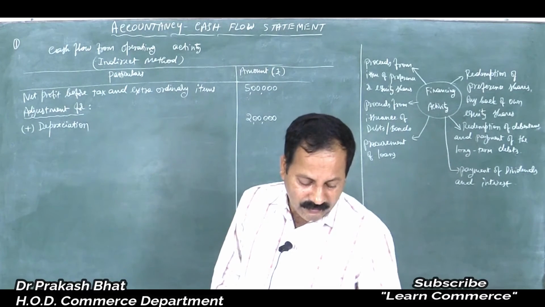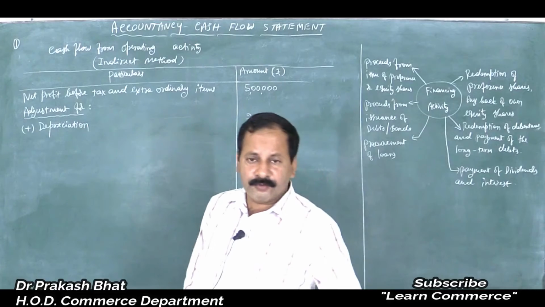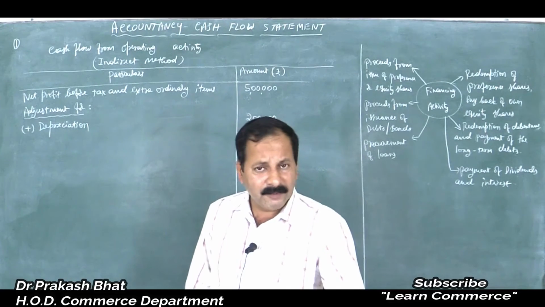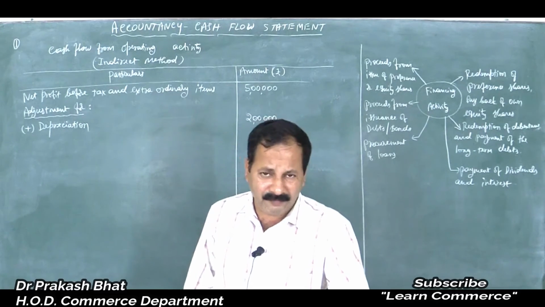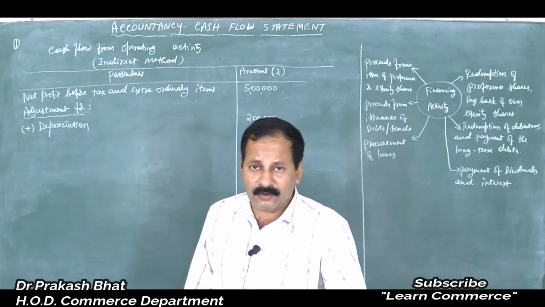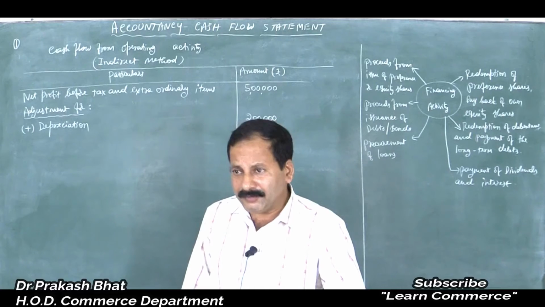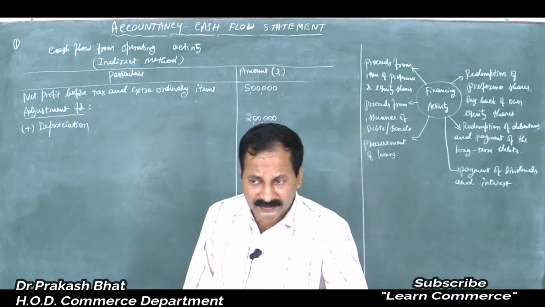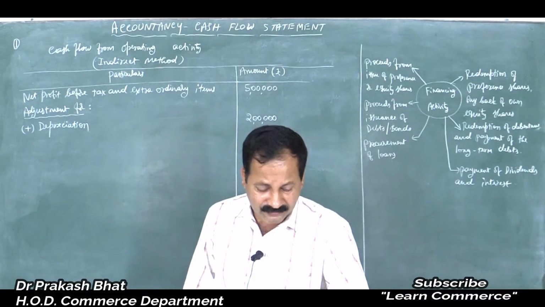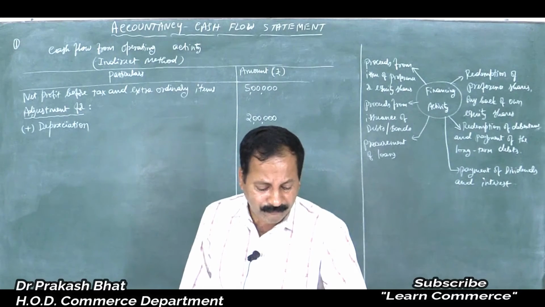So normally profit on sale of asset, what you used to do? Used to add it. Am I correct? Profit means we always add. Loss means we always deduct. But here profit means you have to deduct. That is how much? 50,000.